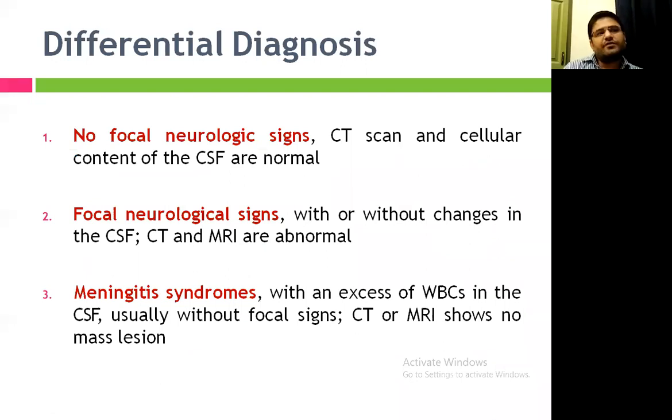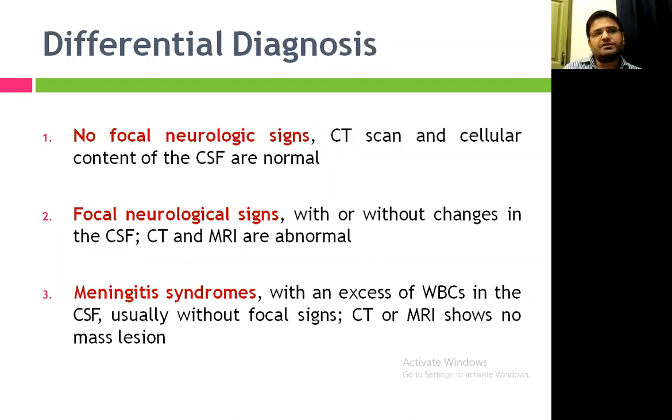Patients with focal signs, meaning localizations, may present with monoplegia, hemiplegia, or dysphasia, that is, global aphasia. All these are localizations, whereas in patients without focal neurological signs, the CT scan and cellular contents of the CSF are normal.